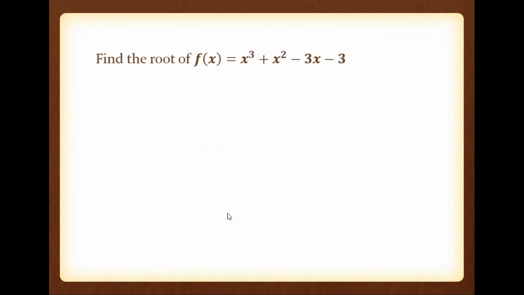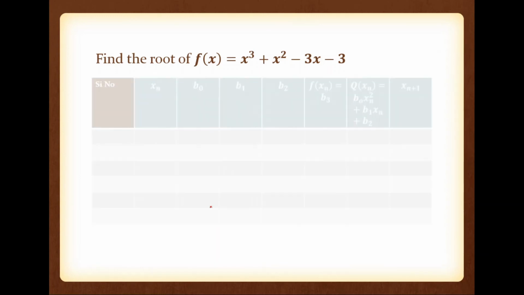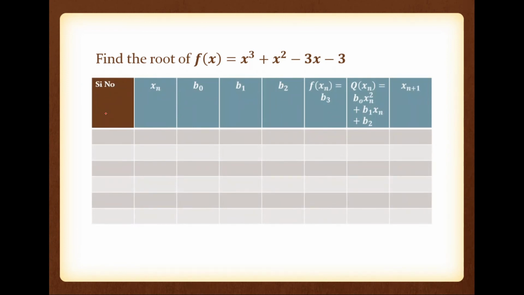By using this same problem, f of x equal to x cube plus x square minus 3x minus 3, we can explain this method. So we are going to find the root of f of x equal to x cube plus x square minus 3x minus 3 by using Newton's polynomial method. For that purpose, draw a tabular graph. First one is the serial number.